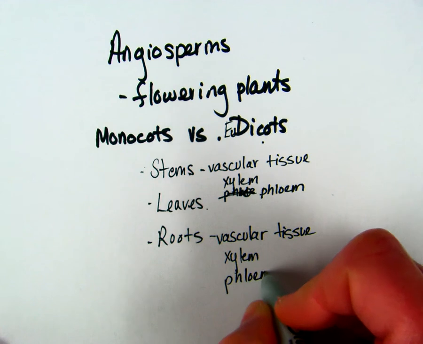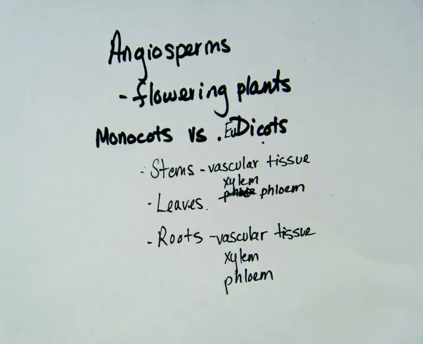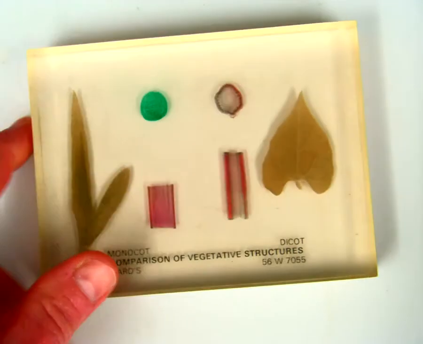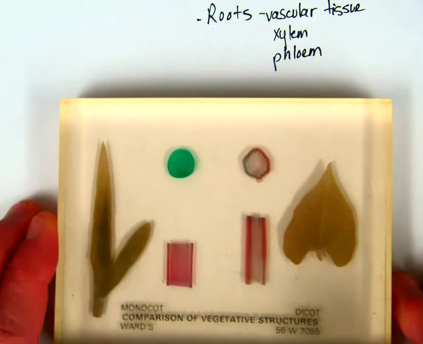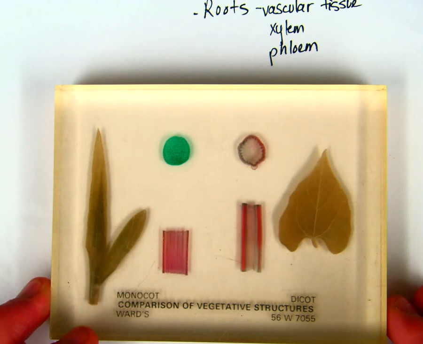And I put up a few nice videos to show that idea. So when we look at the mounts here, actually let me put them on the back here, we have some stems and leaves shown.